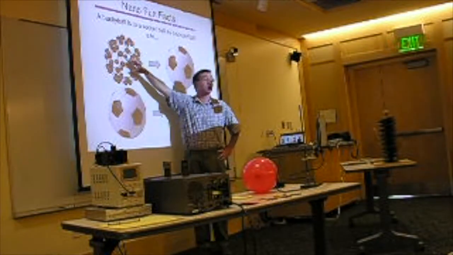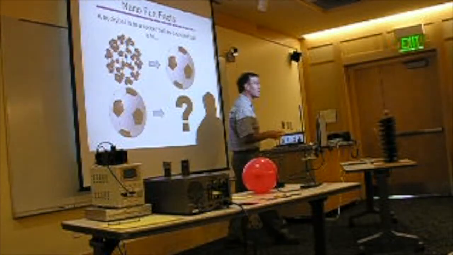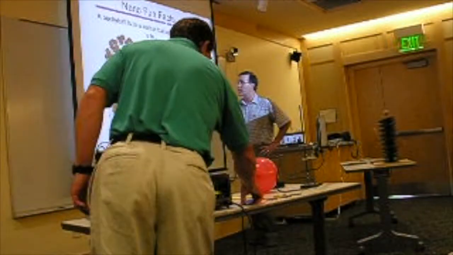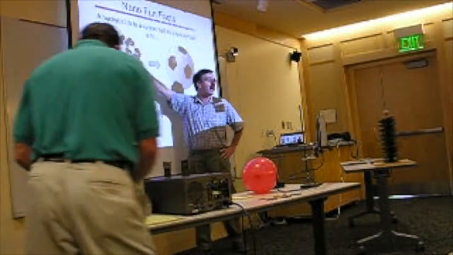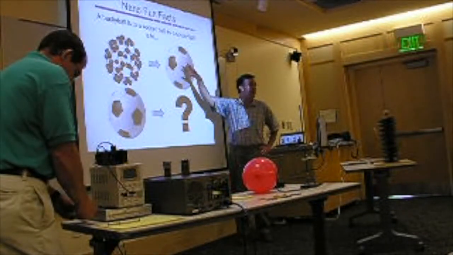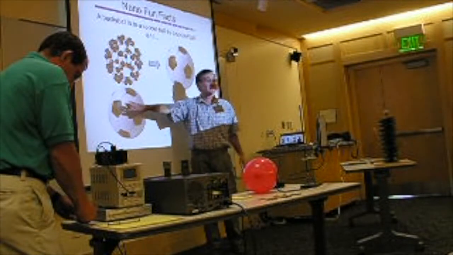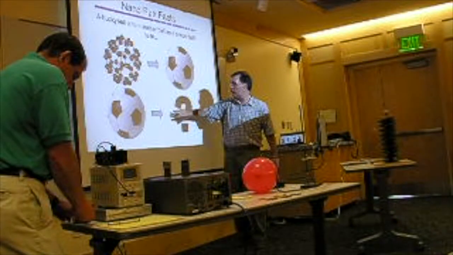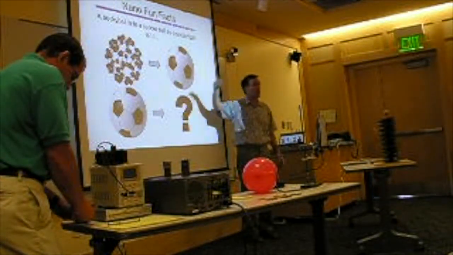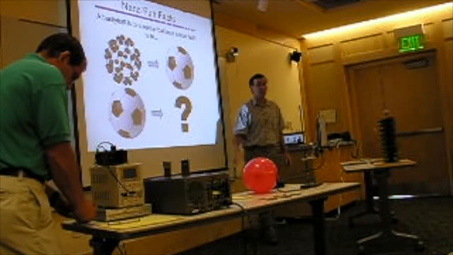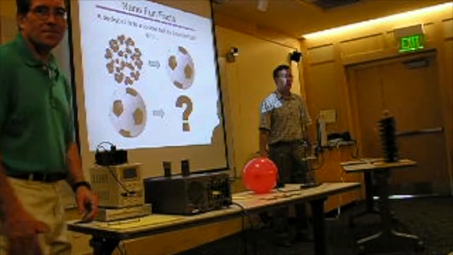Now, how big is a buckyball? To give you an idea, the size of the buckyball compared to the size of a soccer ball is the same as the size of a soccer ball to what? Anyone know?